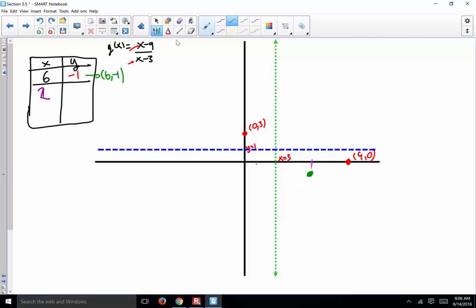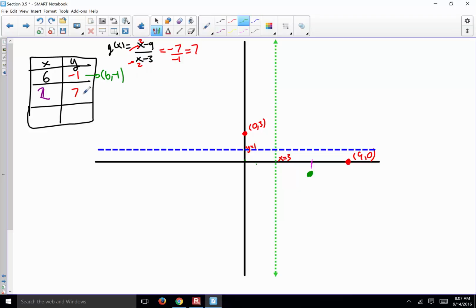I'm gonna wait. Because if this is 2, that's 2. Minus 7 over minus 1 is also a whole number. I thought it's gonna be a fraction, but you're safe. 2 minus 9 is minus 7. 2 minus 3 is minus 1. So we get (2, 7). Wow, it's a huge value. Please double check my work. (2, 7).